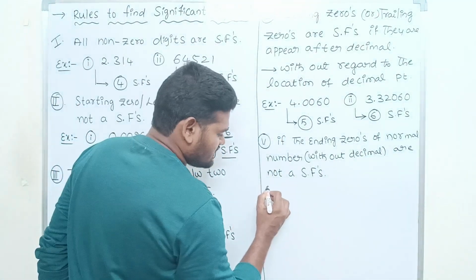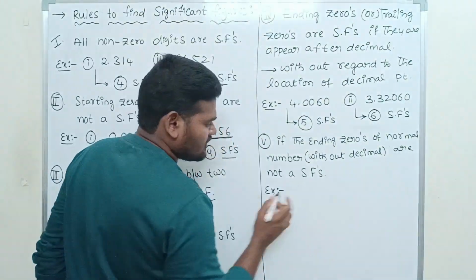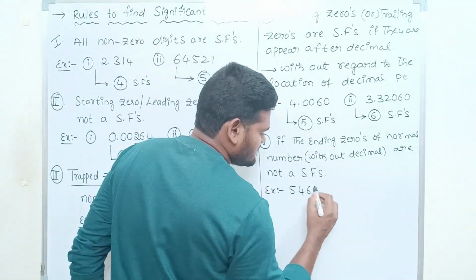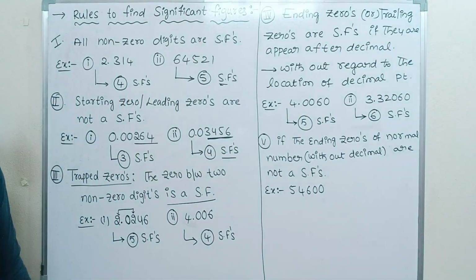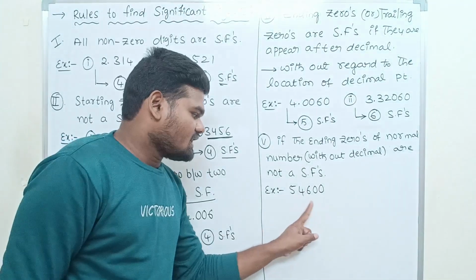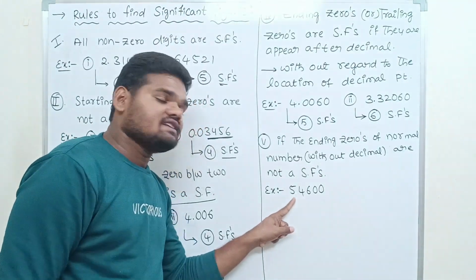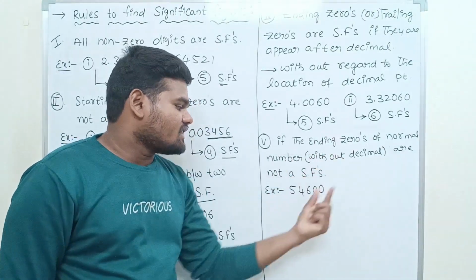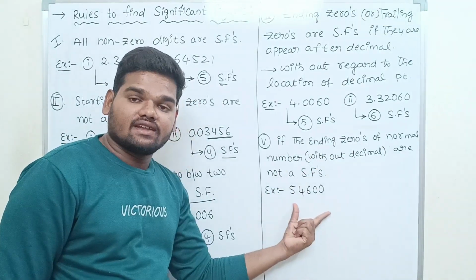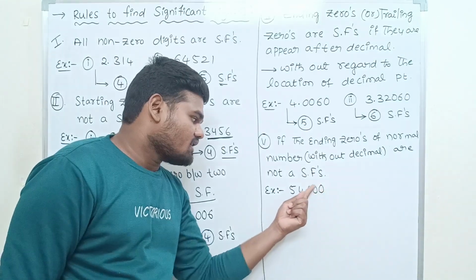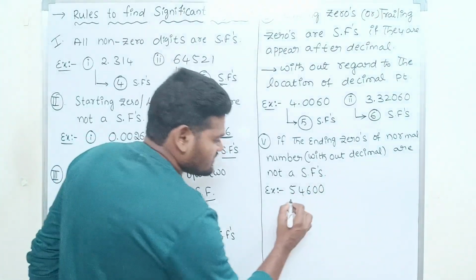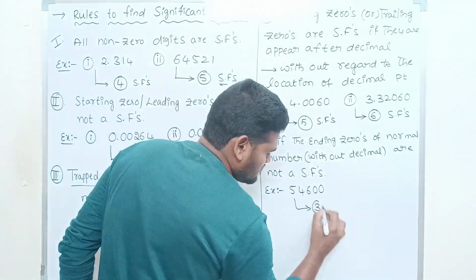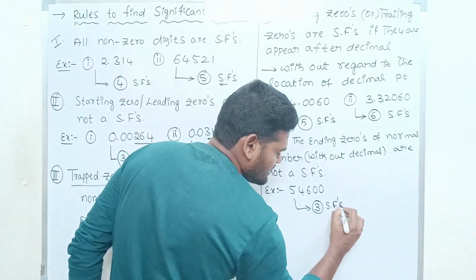Have a look. Example: 54600. See, three non-zero digits are there. That means it has three significant figures. It is clear. The ending zeros, 00, of a normal number. This is a normal number without a decimal point. So these two are not significant figures. So this number has only three significant figures.